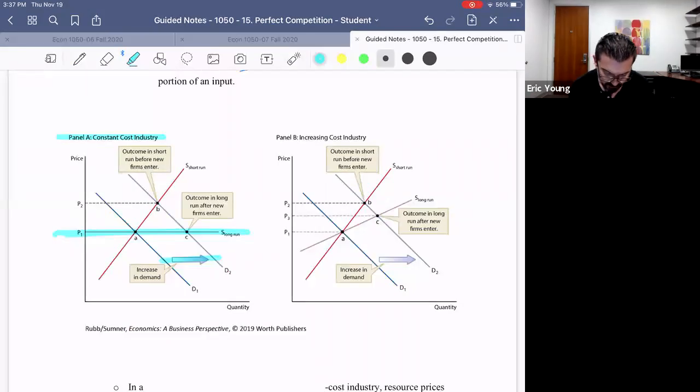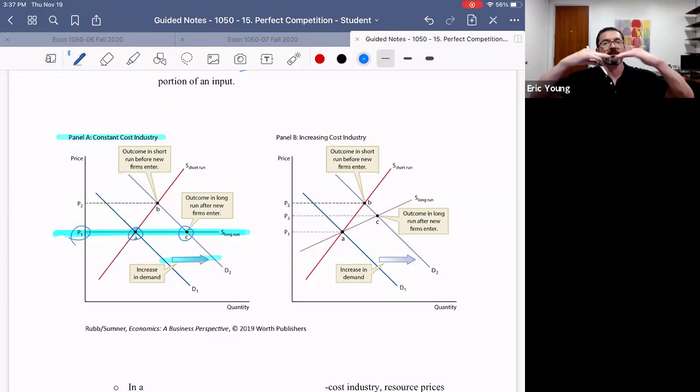Again, you see an increase in demand. You're going to have an outcome in the short run with some higher prices and some profits, but then firms will enter, prices will fall back down, right back down to the exact P1. Notice here that the price at point A and the price at point C are the same. So it's going to revert back.